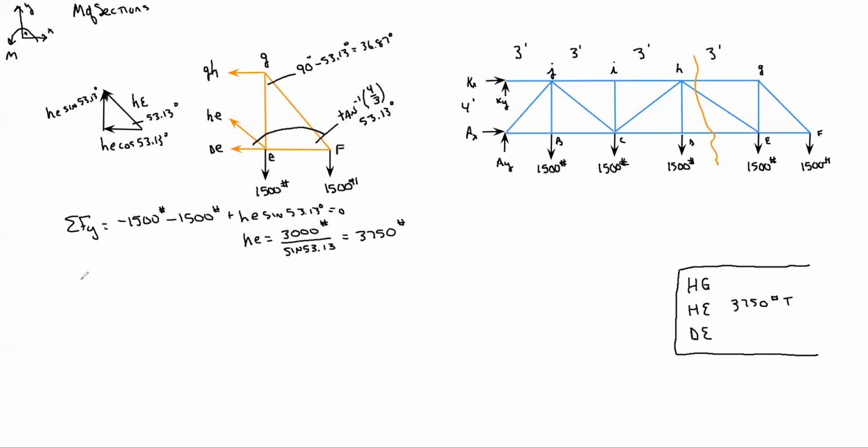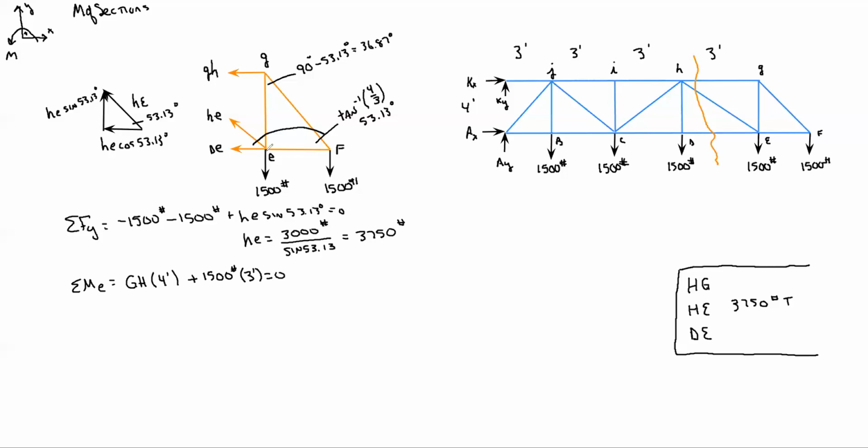Let's take a moment about point E. It's much easier to do it about point E, because the external force at E is not a player, D is not a player, and HE is not a player. It does let us show that GH is a player, and we know that GH is 4 feet away. And the external force at point F is a player. It is 1,500 pounds, and it is 3 feet away.